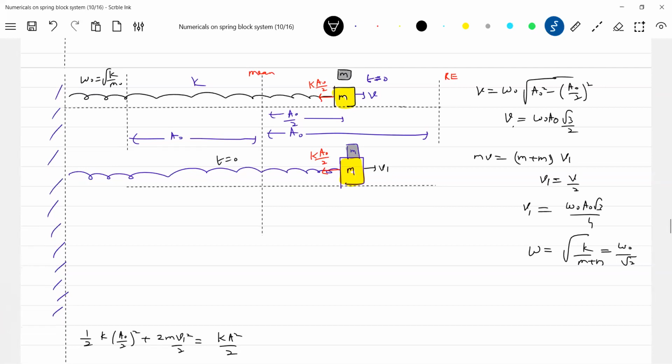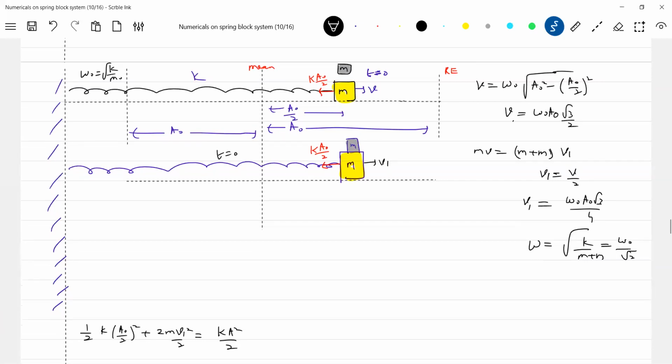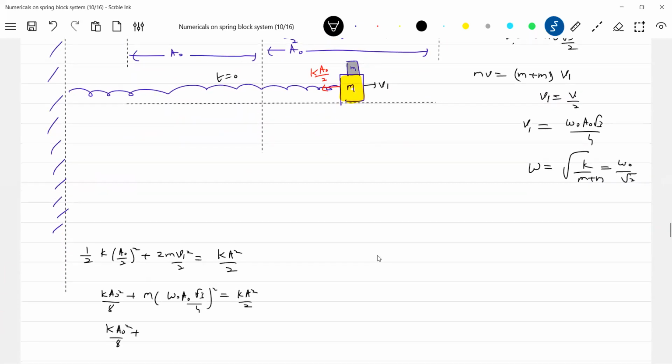It is equal to k, the initial angular frequency. m omega naught square will become k A naught square by 16.